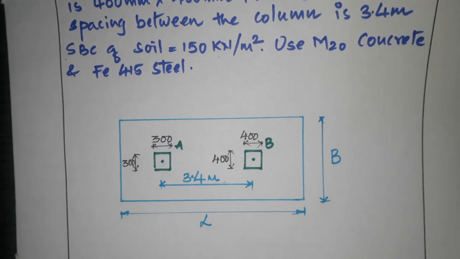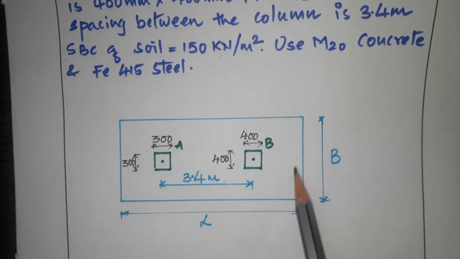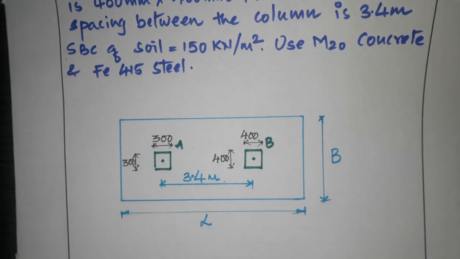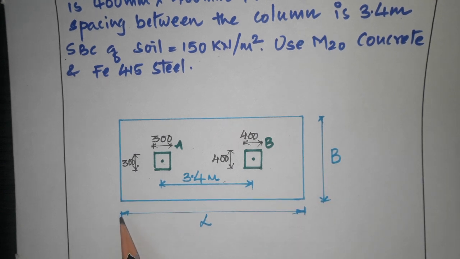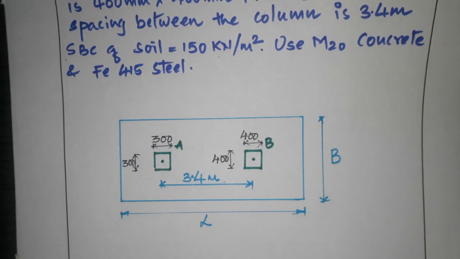This is the combined footing we need to design. Here we have the length of the footing and the width of the footing. I'll call the length of the footing L and the width of the footing B. We'll start with the solution now.